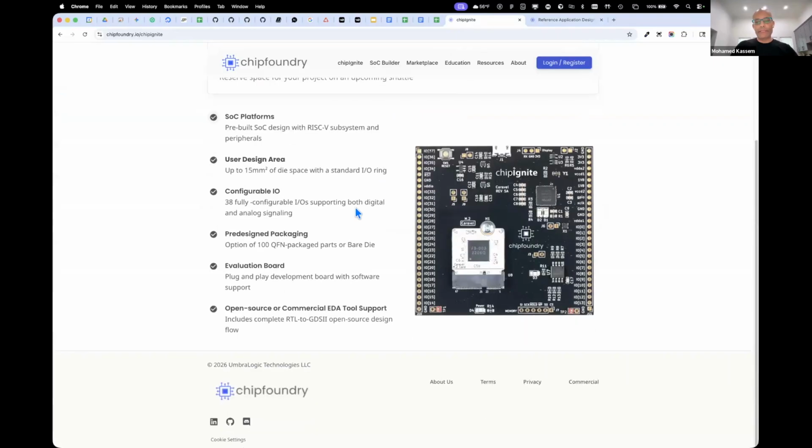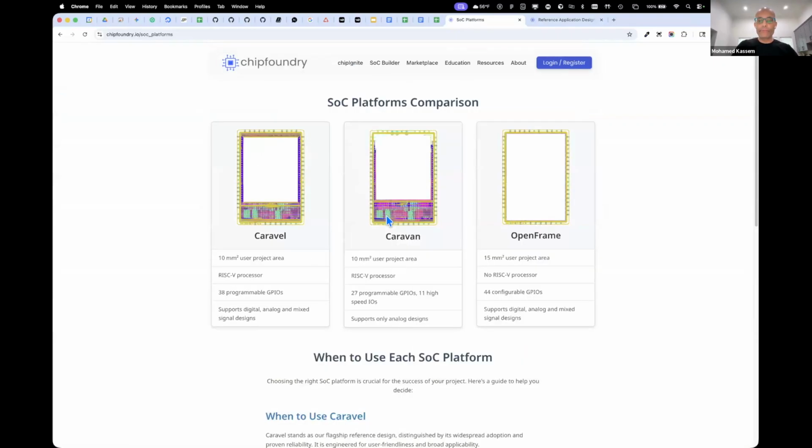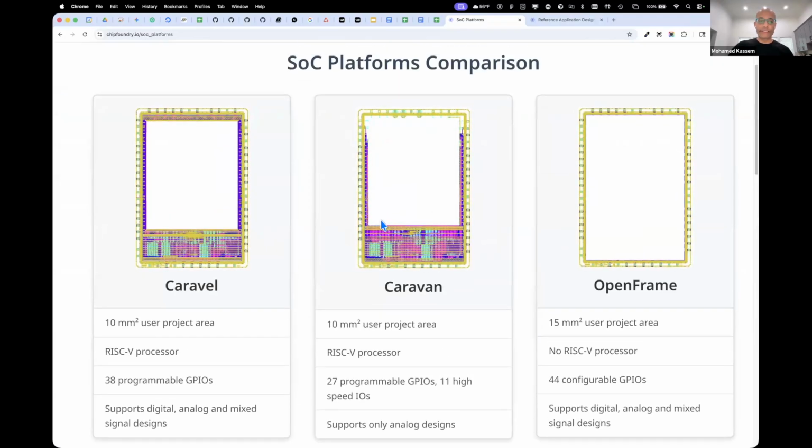The platform starts with templates that already pre-exist, and you've probably seen the names around in the open source world. Caravelle is the most popular one, and that's a RISC-V microcontroller subsystem. That subsystem has a hole in it that typically the designer would fill and focus on.